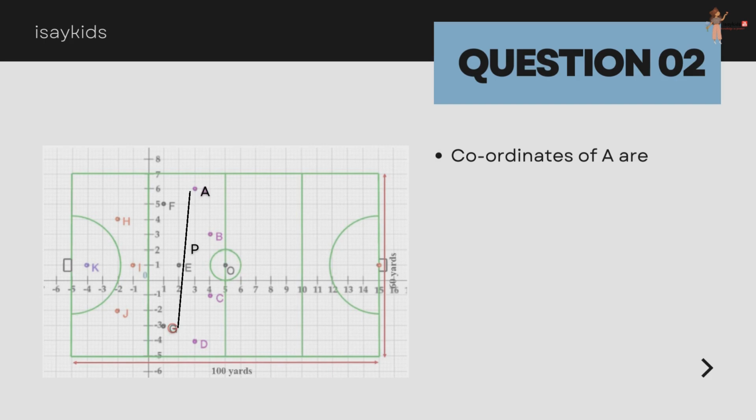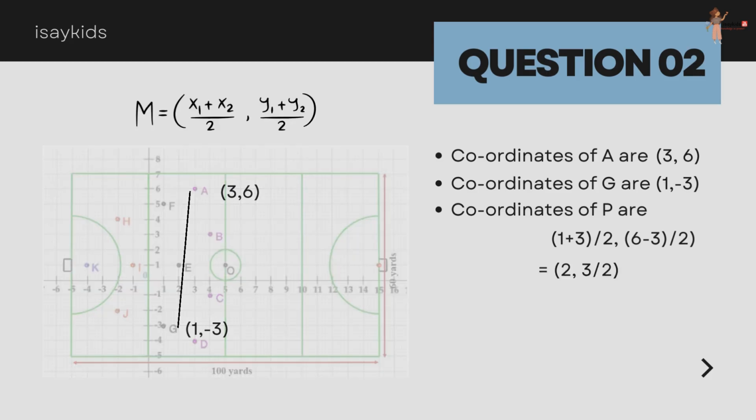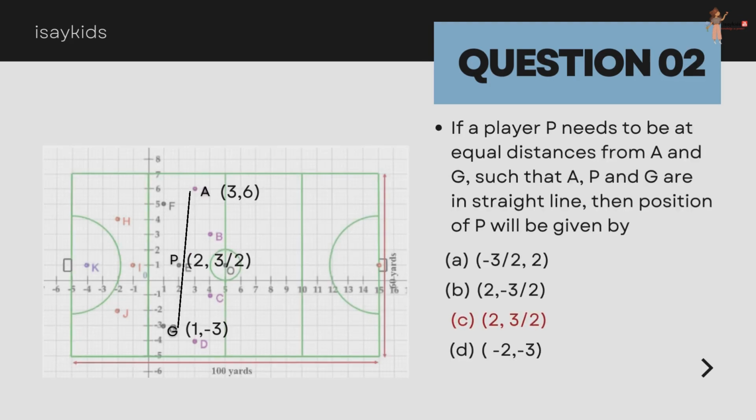Hence, if coordinates of A are 3, comma 6 and coordinates of G are 1, comma minus 3, coordinates of P would be 1 plus 3 upon 2 and 6 plus minus 3 upon 2. That is 2 comma 3 by 2. That means option C is the correct option.